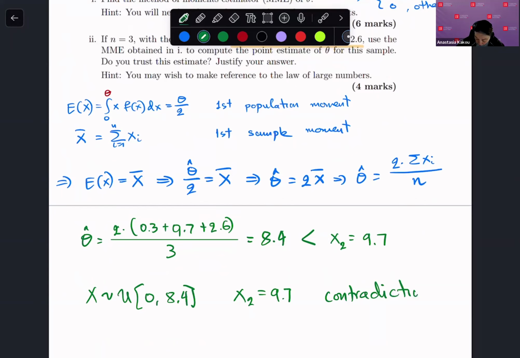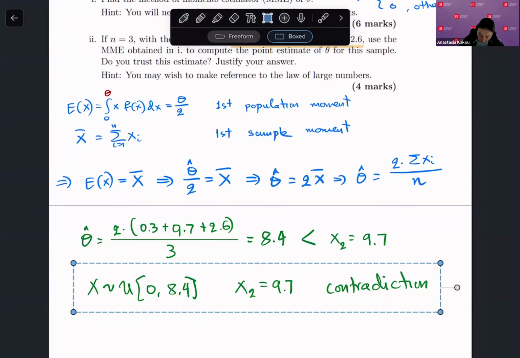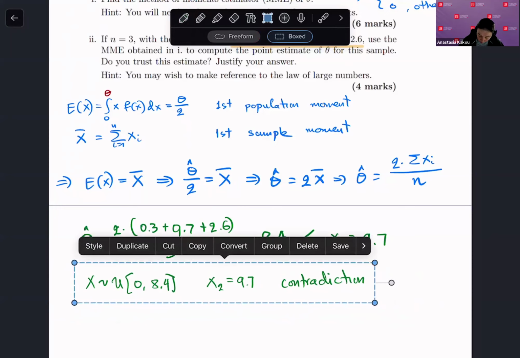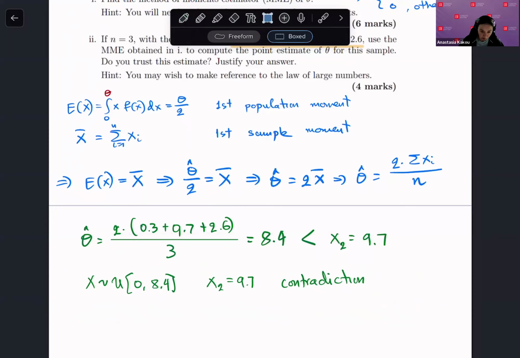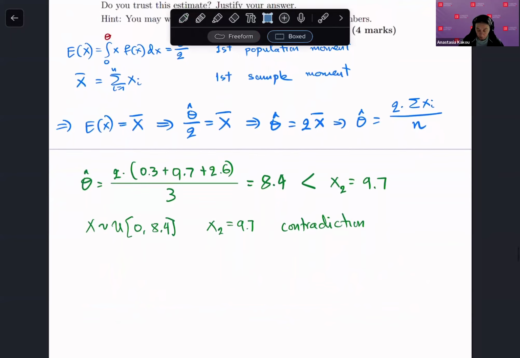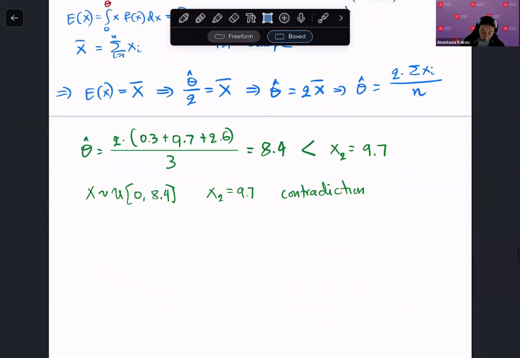The reason why we get that is because we have a very small sample. In order to correct for that, we need a bigger sample, and asymptotically we will be okay if the sample is big.